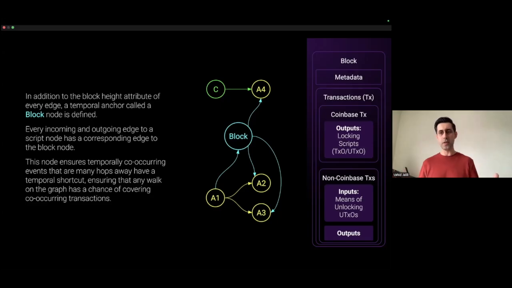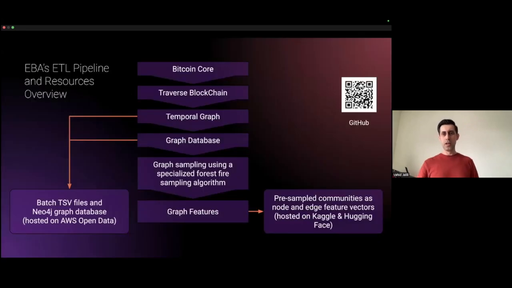So the individuals or the addresses are not related, but they are happening at the same time. So it is basically trying to create a shortcut on the temporal domain. In this case, you can easily walk on the graph with the help of this block node. Then you can reach the events that are co-occurring in the temporal domain within 2 hops or 3 hops. You don't have to go all the way to 8 hops. So this is the overview of the pipeline that we have.